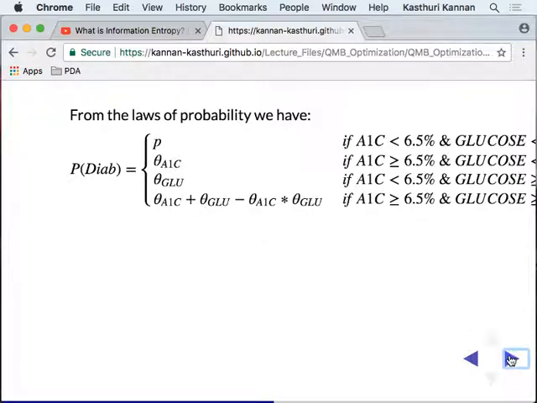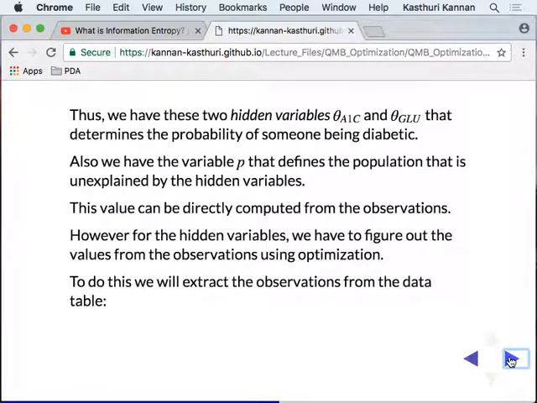And now, once you have this probability, we have to determine the variables theta A1C and theta glucose, right? I'm trying to frame it as an optimization problem here. You have to find the variables theta A1C and theta glucose, and that determines the probability of someone being diabetic, right? And also we have the variable P that defines the population that is unexplained by the hidden variables.